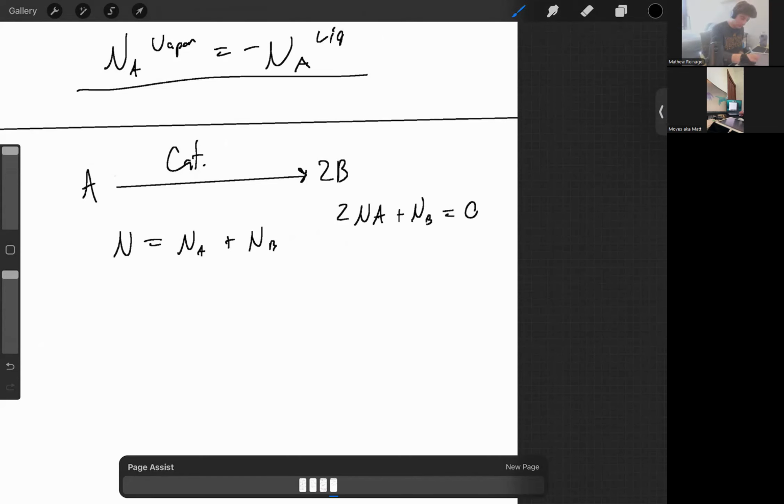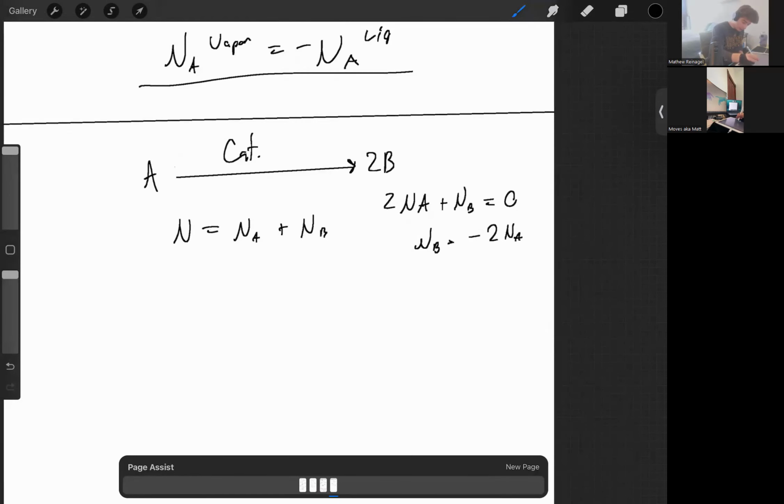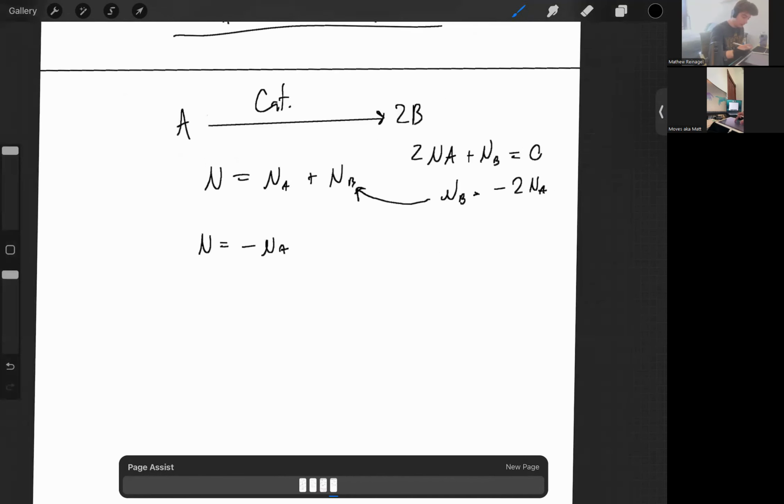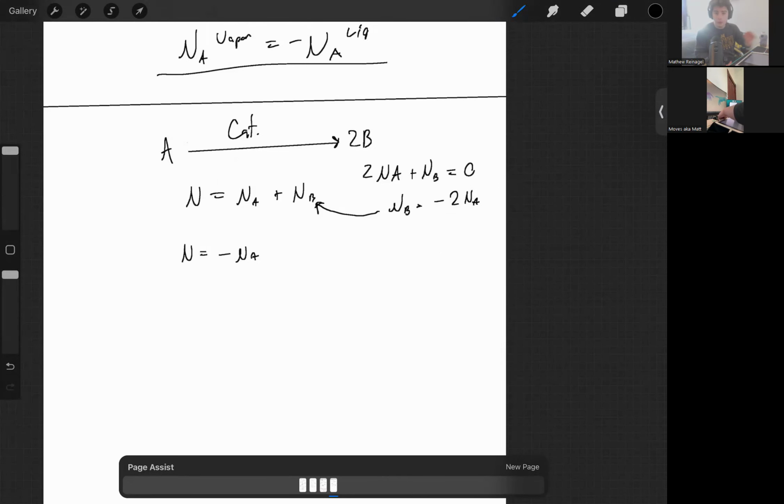If I simplify this, I get the molar flux of B equals negative 2 times the molar flux of A. And now when I substitute this in, I get N equals negative the molar flux of A. So what does that actually mean? If I have a negative molar flux of A, what that means is that my molar flux is in the direction of product. I am creating more product than I am consuming reactant, is what this is saying.